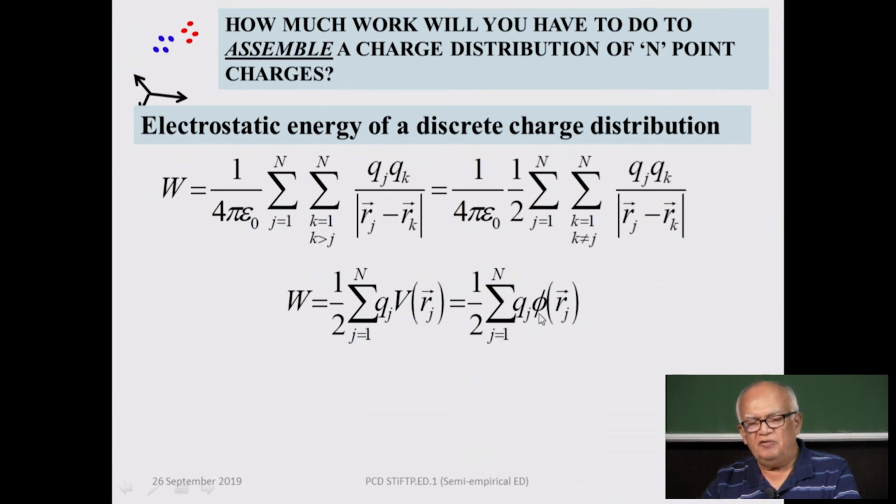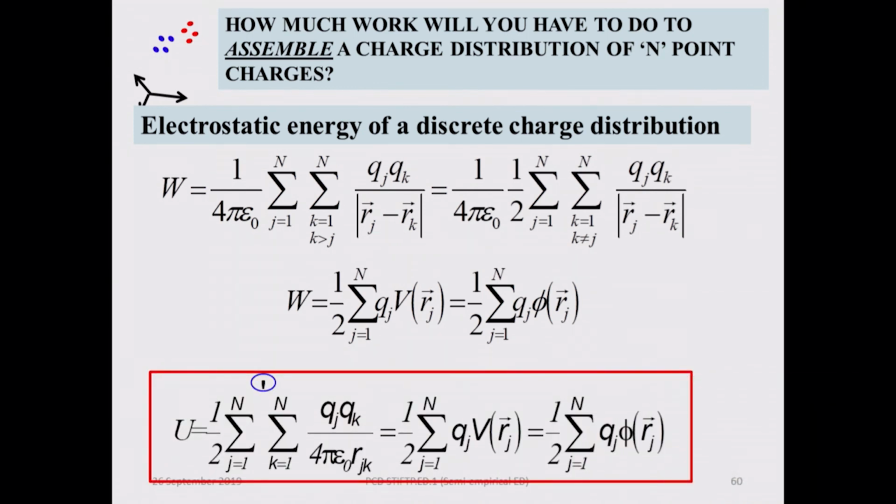I prefer to use a different phi for this and a different font phi for the azimuthal angle, and you can write it in terms of either the potentials or the Coulomb Qj Qk over Rjk, but if you write that, then you must make sure that j equal to k is not included. So, either you write it explicitly in your summation index or put a prime, or some kind of a reminder, you have to flag it that okay, you cannot include j equal to k.